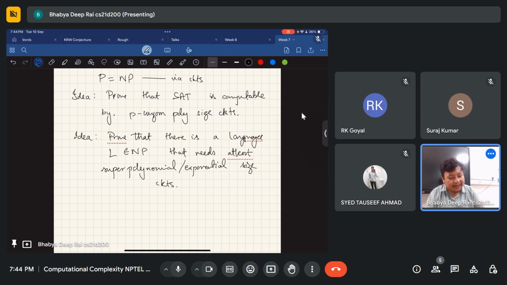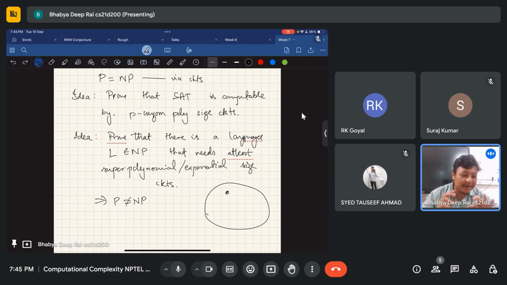Prove that in NP there is a language which will take more than polynomial size, or a harder thing to prove actually would be that it takes exponential size to solve it. If you show that, then it is enough to separate P and NP, because if it were in P, then it could always be solved by polynomial size circuits, right? So if it requires at least exponential size circuits or even super polynomial size circuits, then you are done. You separated P and NP.